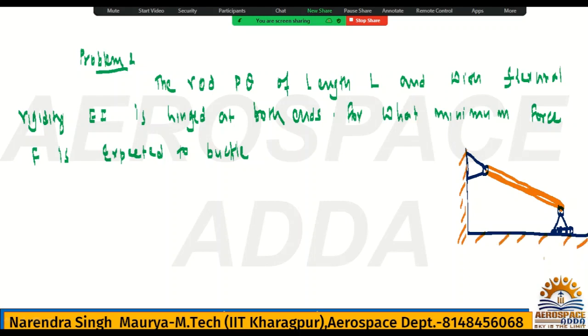Now they said this is the force F. In the diagram this angle is 45 degree.